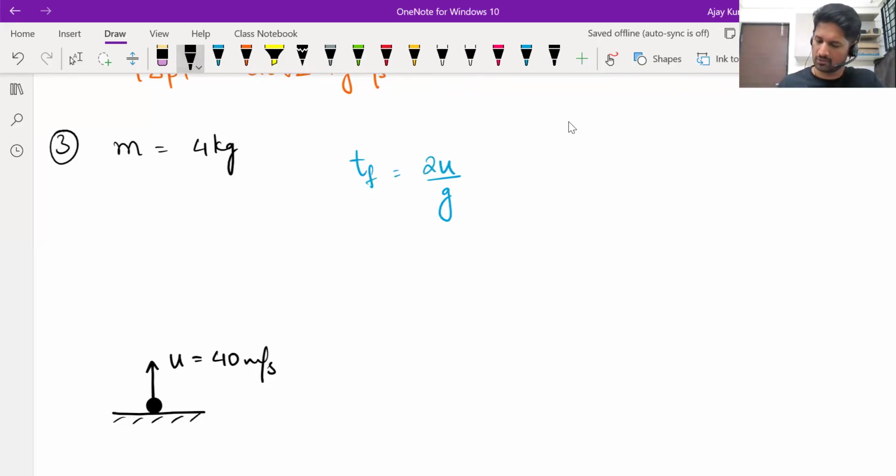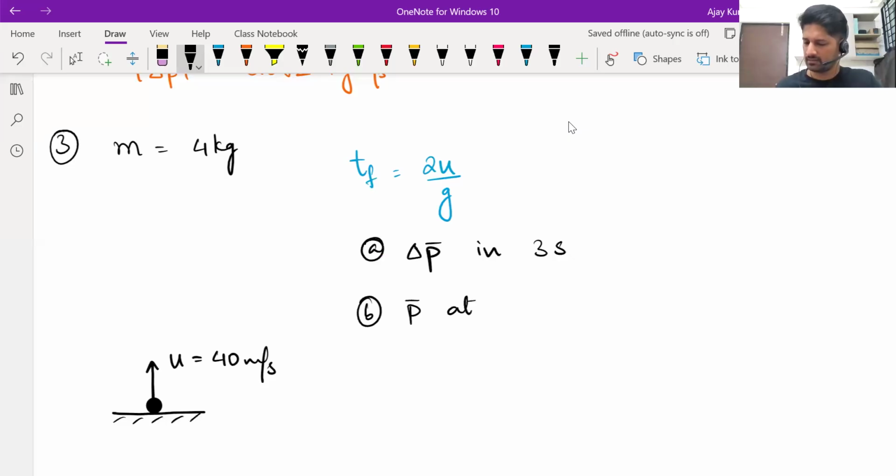So what I want you all to calculate is, first thing, change in momentum in 3 seconds after projection. Next, what is its momentum at 5 seconds?